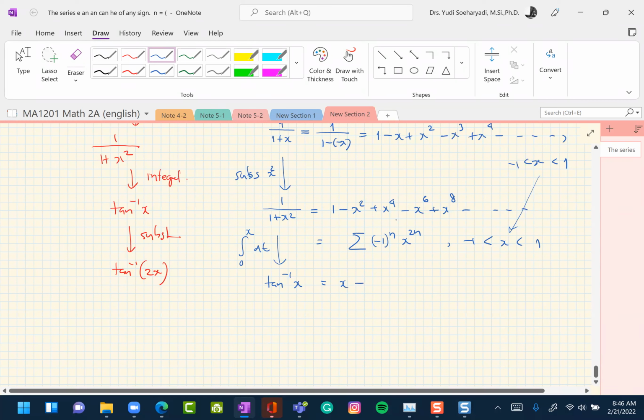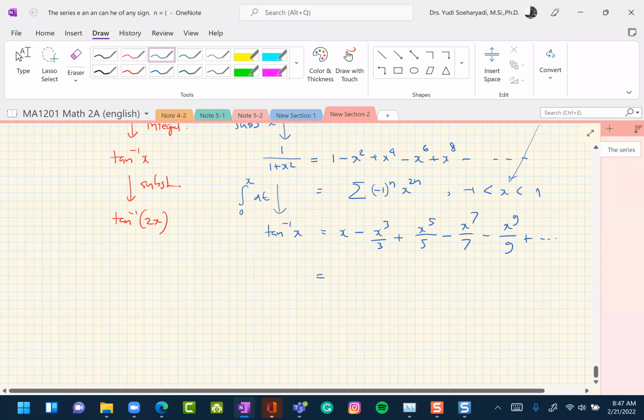This gives you x cubed over 3, x to the 5 over 5, x to the 7 over 7.